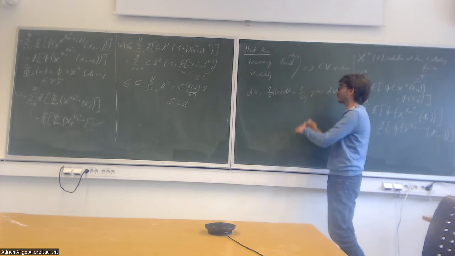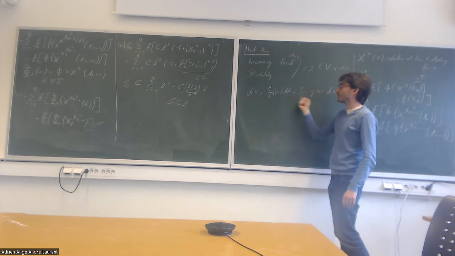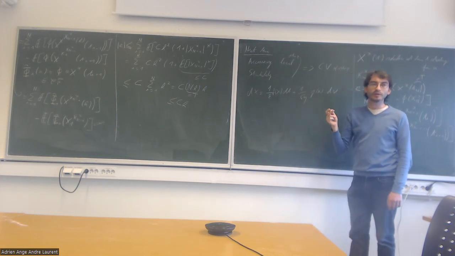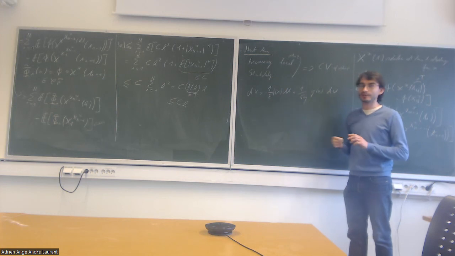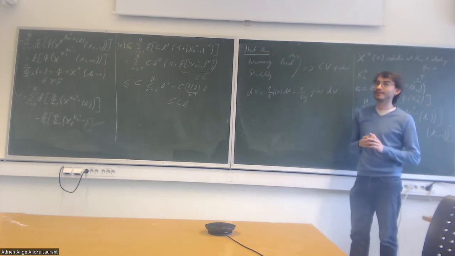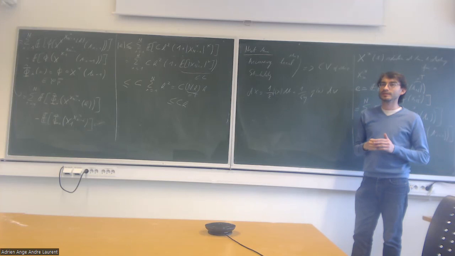So I'm just taking a very small example here. But if epsilon and eta go to 0, then you would like your stability property to also be independent of epsilon and eta.